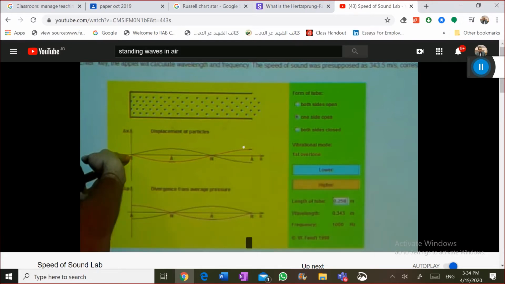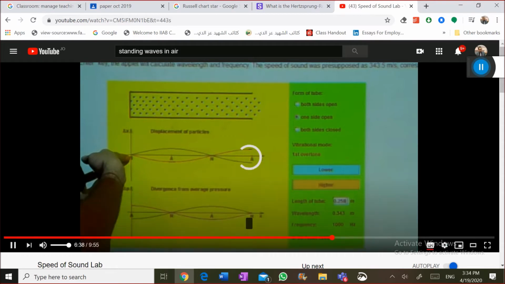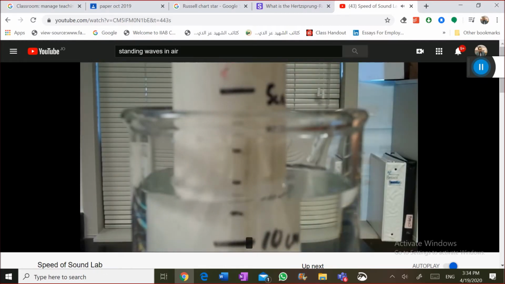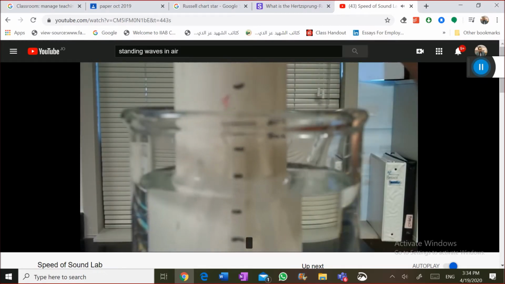Okay. Now, after watching this demonstration about the standing wave, look at this. Look how we will find the speed of sound using the concept of the standing wave, right?